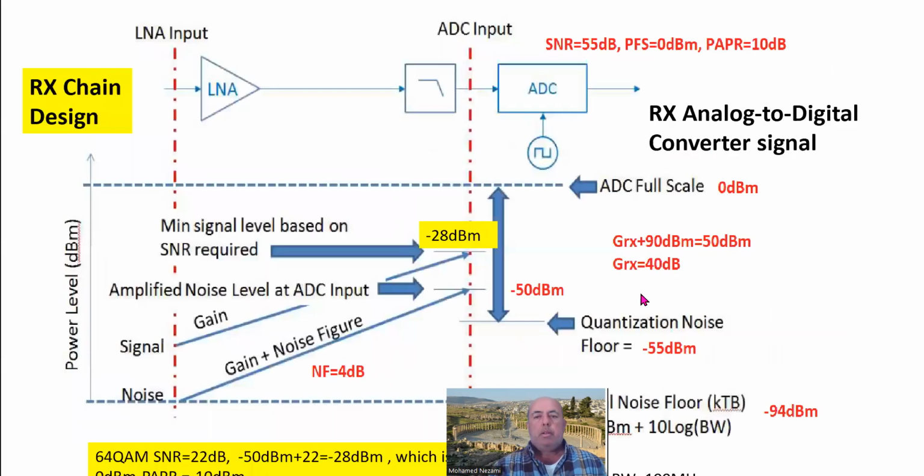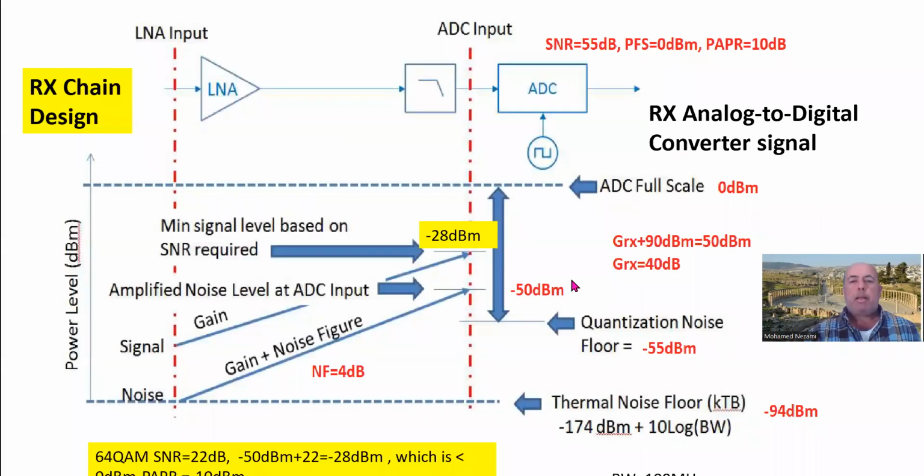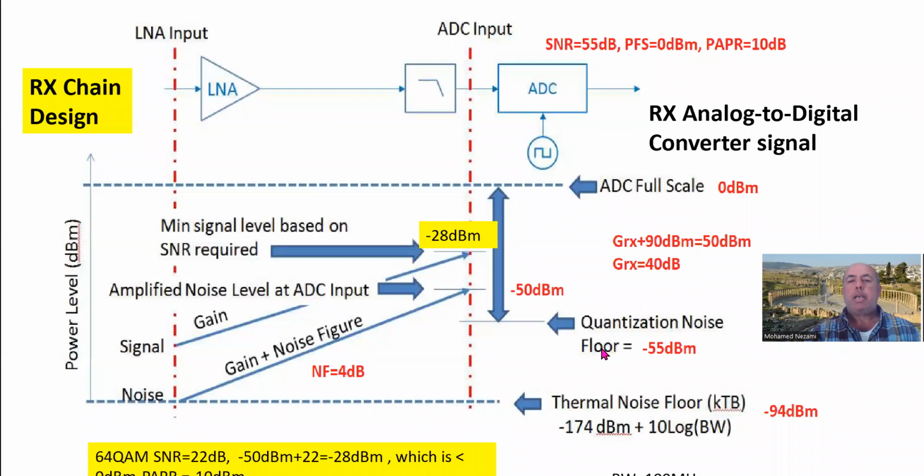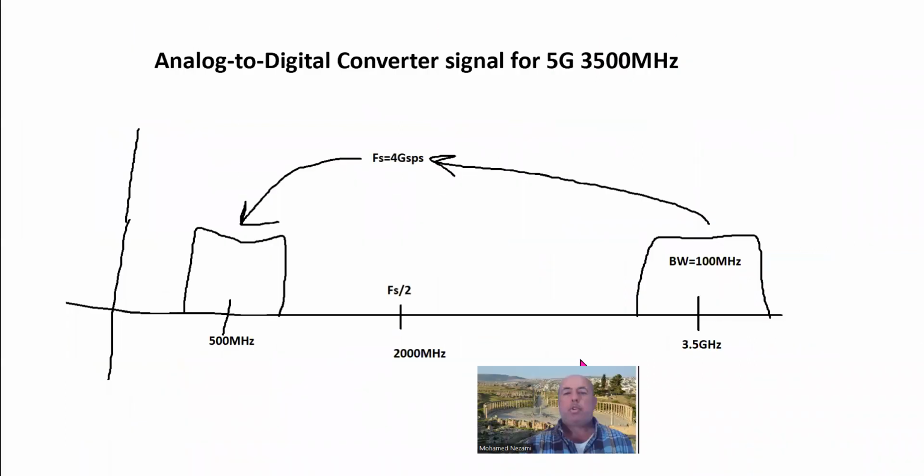Okay. All right. So now, if we are sampling, like in this case here, at 4 gigasamples per second, and our signal sits at 3.5 gigahertz as an example with a bandwidth of 100 megahertz. If you're sampling at 4 gigahertz, that means your Nyquist bandwidth is at fs over 2, which is 2 gigahertz in here.